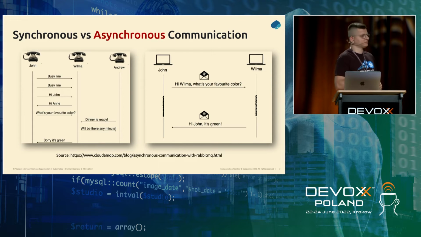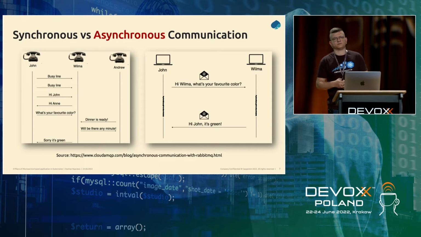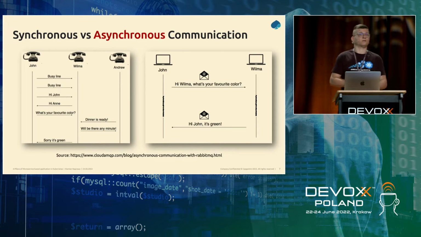This is the most important thing about synchronous communication. In terms of asynchronous, I can send you an email, and you can respond anytime. You can respond in 1 minute, or you can never respond. We need to account for that in microservice-based applications.